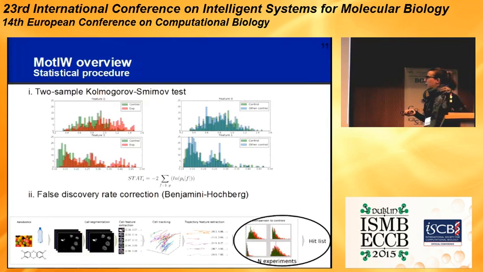Once we have these 15 distributions of trajectory features per experiment, we will want to use this information to identify and differentiate experiments from controls and to know if cell motility was different in the experiment. So for each feature, we're going to do a two-sample Kolmogorov-Smirnov test between the experiment and the control of the same batch.